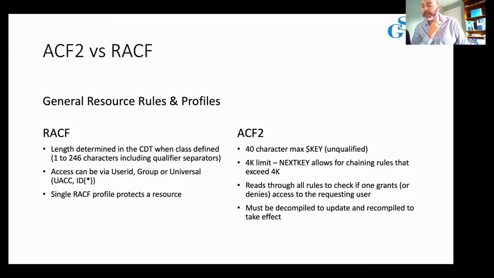I've never seen, as far as I'm aware, a qualified rule key, so it's generally just the 40-character unqualified. Again, much like data sets, ACF2 has a 4K limit with next keys allowing you to chain rules. It reads through all the rules to check if one grants or denies access, and it must be decompiled and compiled to update.